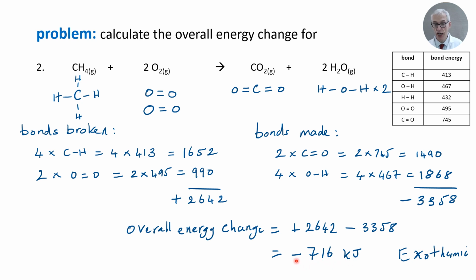The negative sign indicates it's exothermic, which the explanation is the energy required to break the bonds is less than the energy released on making the bonds. Of course, in an endothermic reaction, the opposite argument holds.